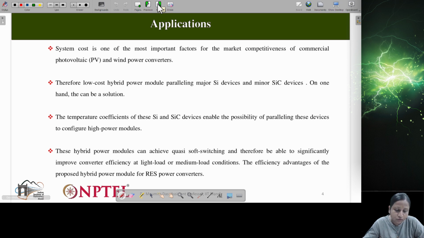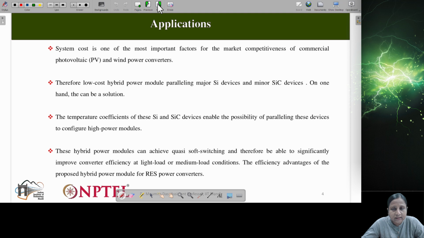Now, system cost, as you know, will be higher with respect to the power converter. Then what can be done? One possibility is that we can use a hybrid kind of device instead of a pure wide bandgap device or a pure silicon device. I'll discuss in detail how this hybrid device connection will be.